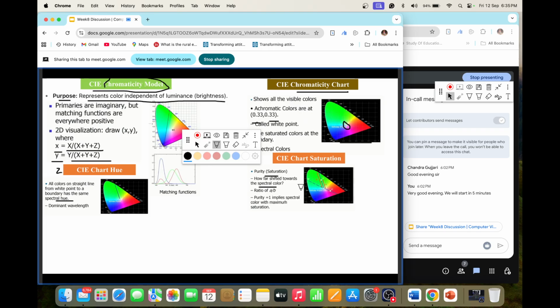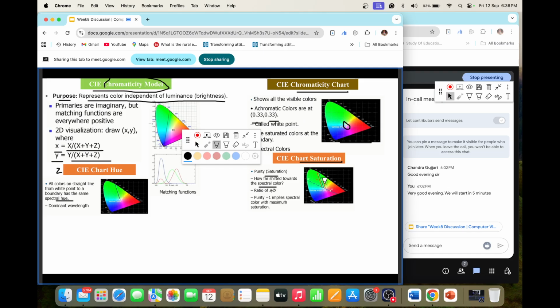The lower the ratio of A by B, the more we are shifting towards the boundary. That is known as saturation. And purity of one implies a spectral color with maximum saturation. So if A equals B, our color is the most pure, because B is nothing but the distance from the white point to the boundary point, and A is somewhere in between.